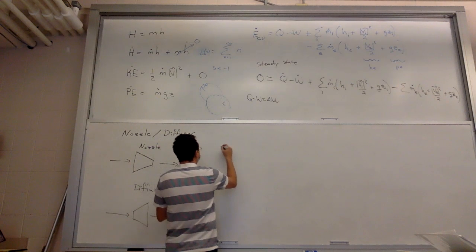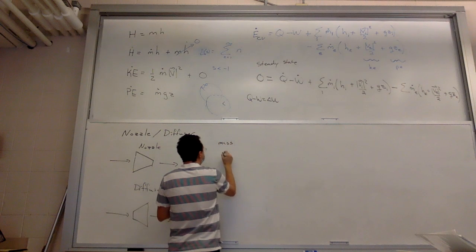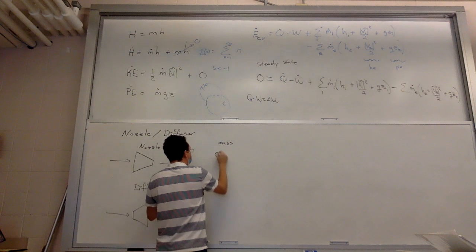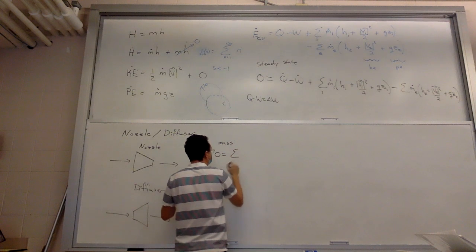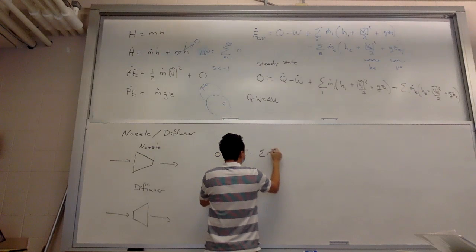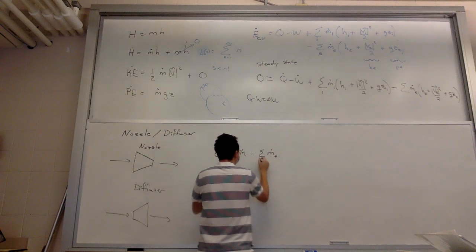Our key equations: we have the mass equation. We're running it in steady state. So we have 0 equals the sum of m dot in minus the sum of m dot out.